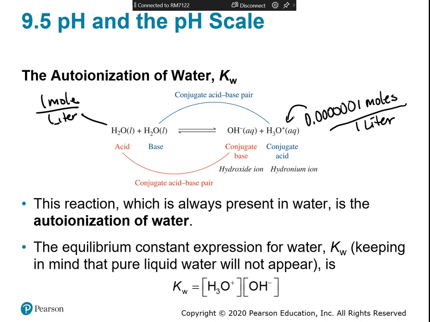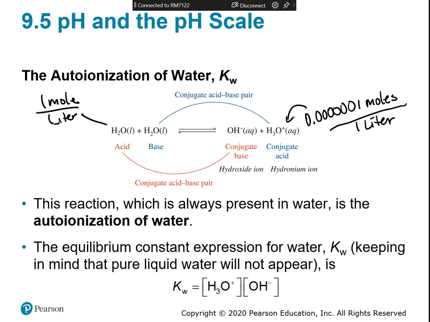And do you notice that there's hydroxides and hydrogen ions that are formed? So they said, oh, there's acid and base in the water, and they're equal. And since the acid and base content is equal, we can say that this is neutral, right? Because neutral means it's not an acid or a base.